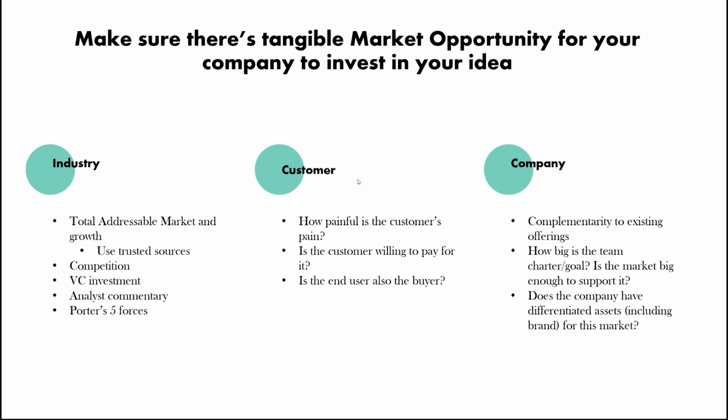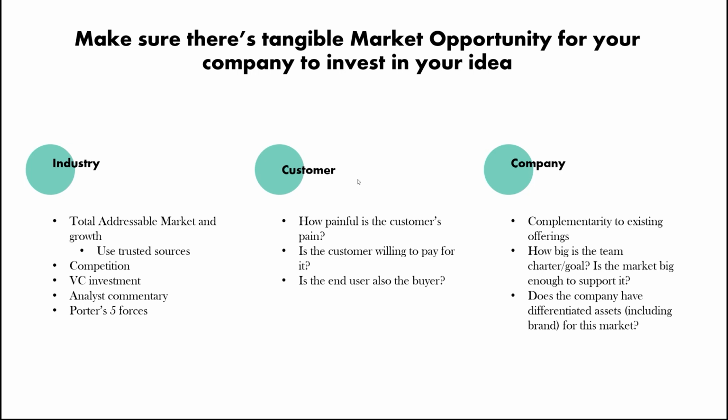Similarly, think about the customer. You've done a pretty good job so far just thinking about the customer and the problems, but also think now about whether the problem is big enough that the customer is actually willing to pay for it, or is it just something they don't think about proactively. You want to make sure that you can monetize your product in most cases, unless you're just building it for strategic purposes. And then think finally about the company. As I said, think about complementarity to existing offerings.